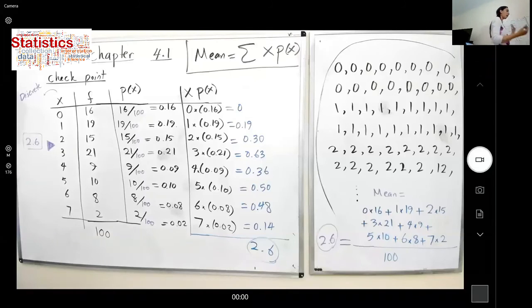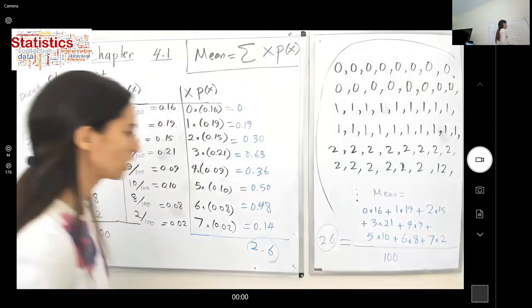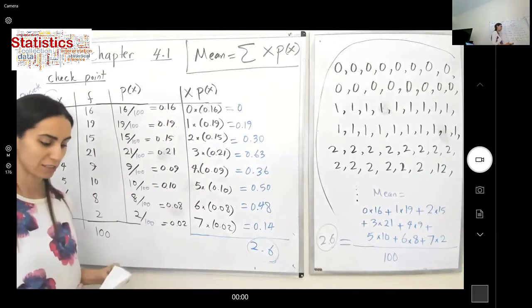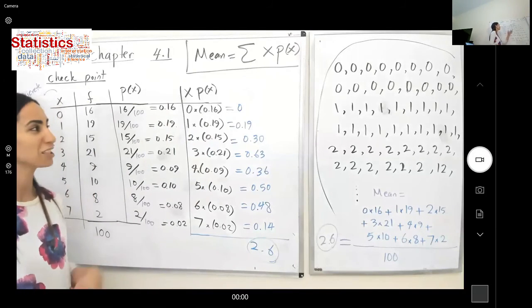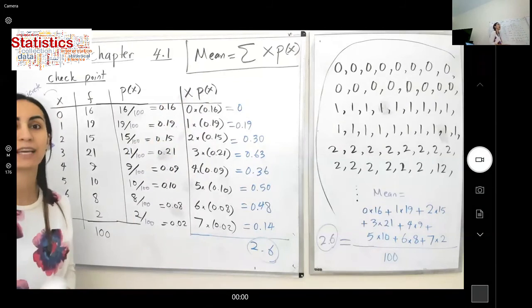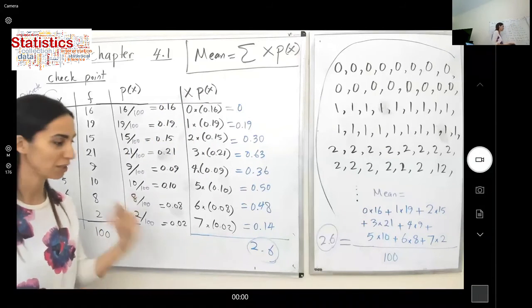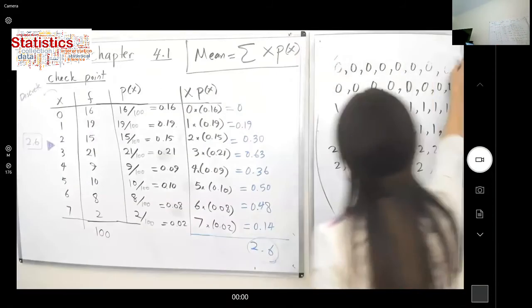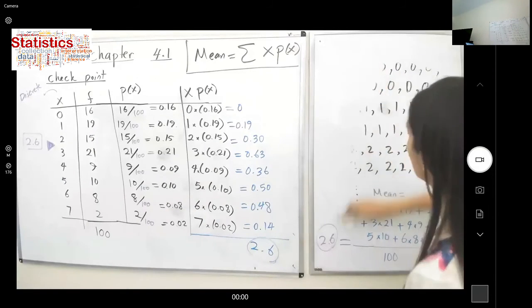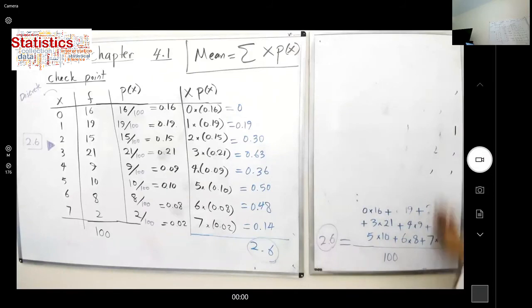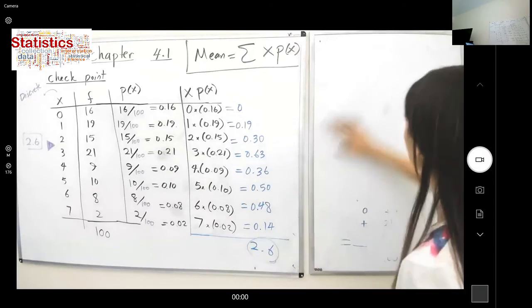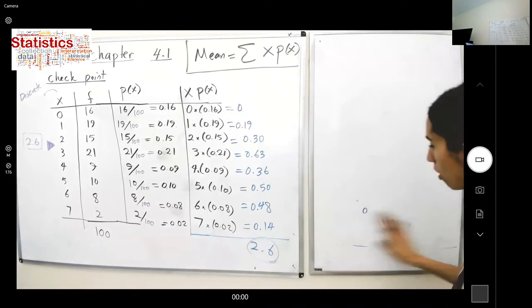Well, now I expect you to ask, you found the mean for us. How can we use the probability p of x to find the standard deviation? There you go. So let's forget about these data here and write down the formula for standard deviation. Of course, we need a new column.